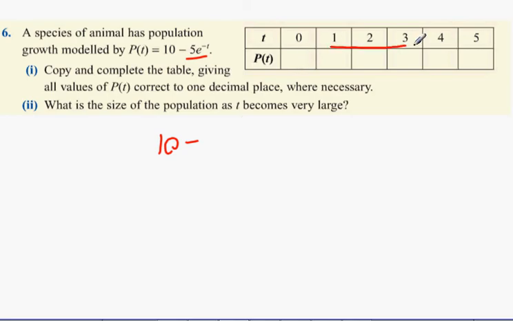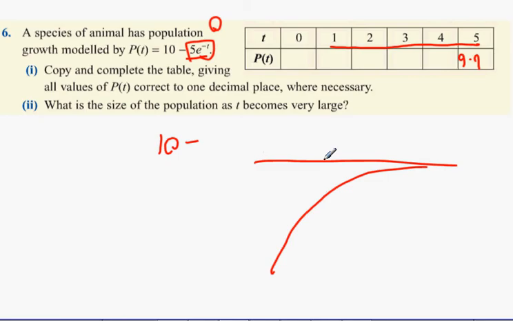But as the t number gets bigger, this number here practically becomes 0. So I'm expecting the last number to be very close to 10. And what happens as I go all the way up to, let's say, 100? It will just tend towards 10. So the graph will be capped off at 10 on the y-axis.